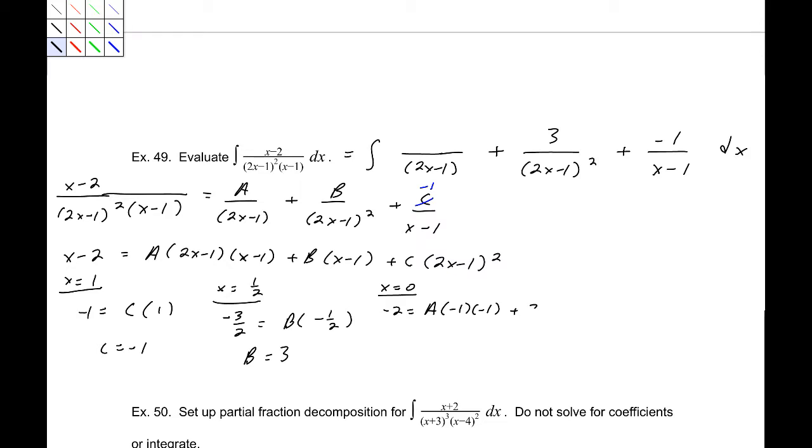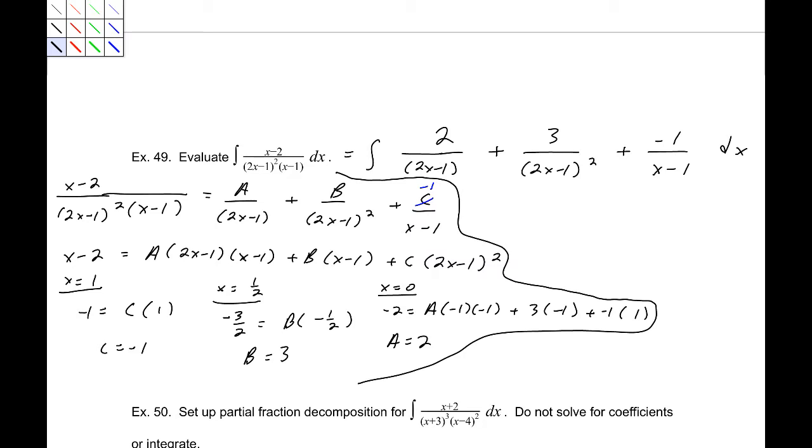B is 3, so 3 times -1 plus, we know what c is, it's -1 times 1. Alright, so simplifying that quite a bit, we get that a equals 2. All of this we are doing is just some algebra, solving a system of equations effectively.